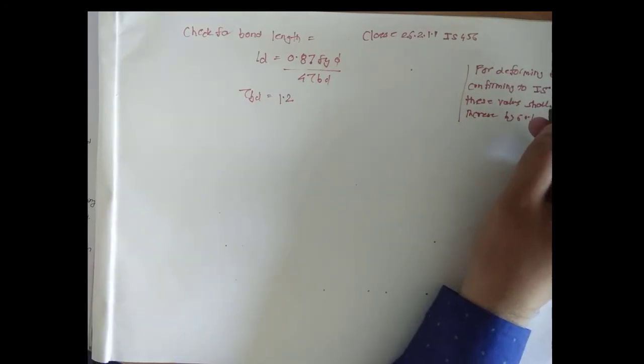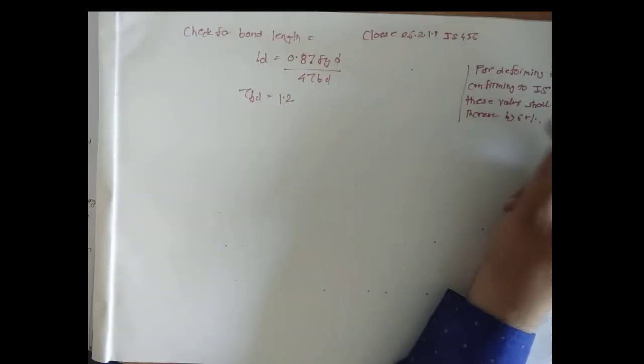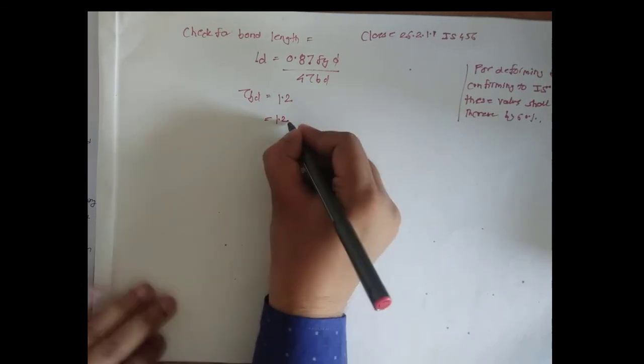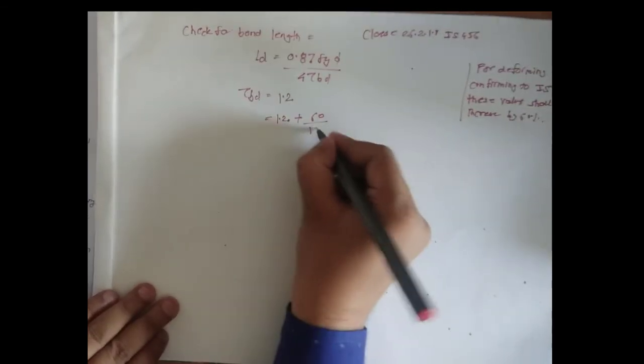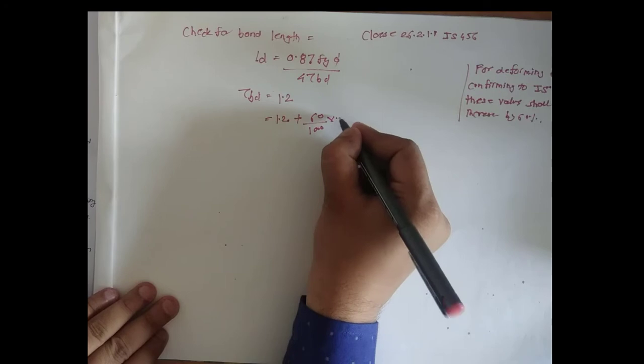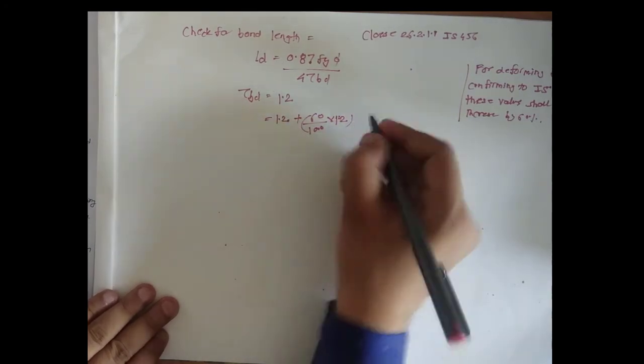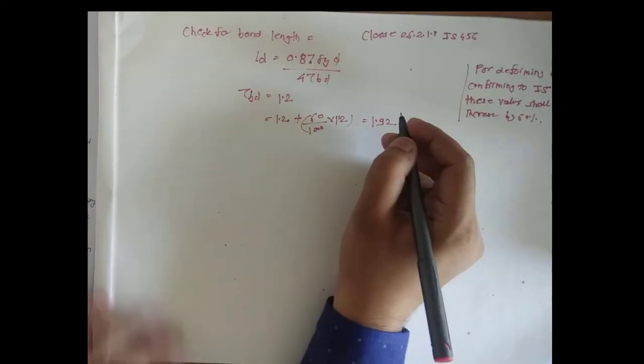This is the clause which is given. So 1.2 plus 60% of 1.2 comes out to be 1.92.